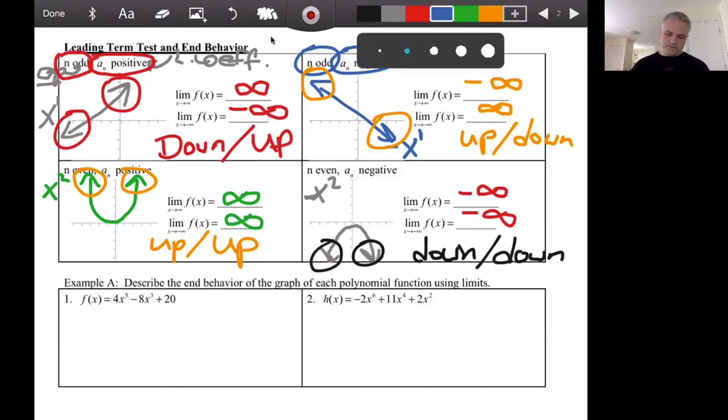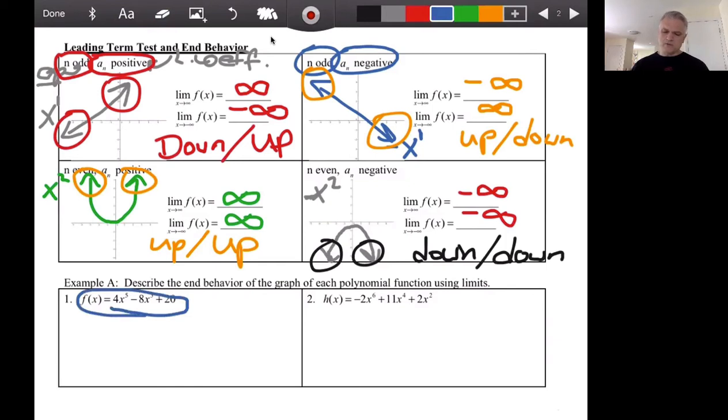Question number 1. Let's describe the end behavior using limits. So we are going to say the limit of f of x, or where is y going, as x approaches, and let's start with negative infinity. As x approaches negative infinity.